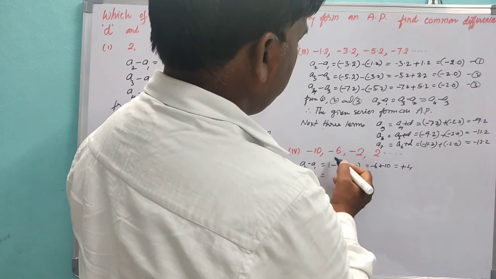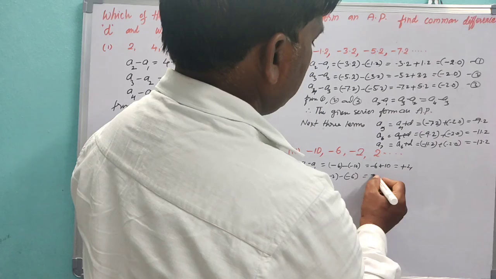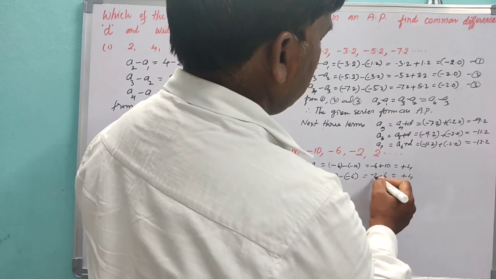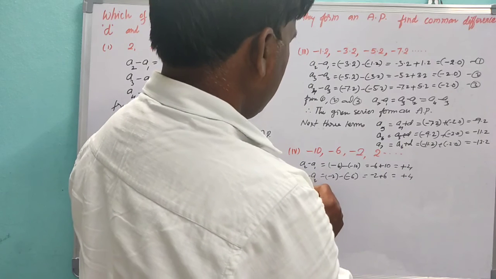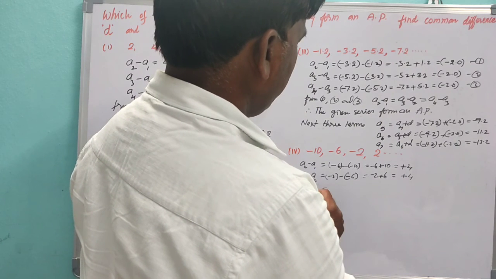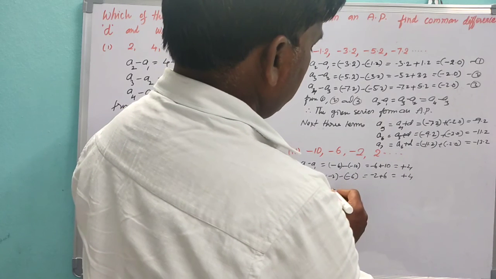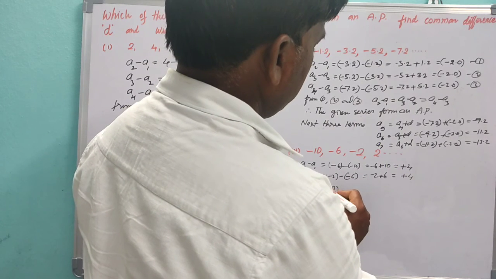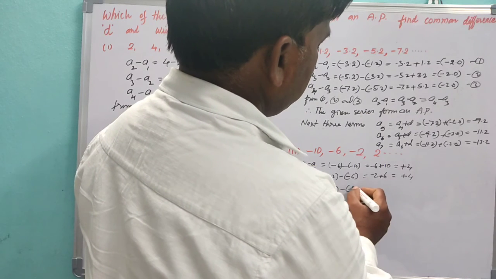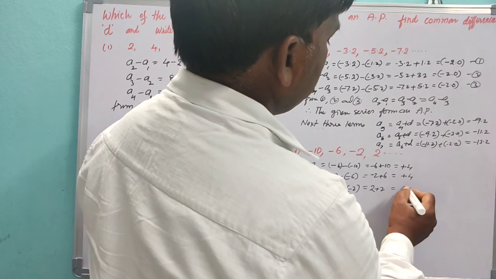So this one minus this one, so minus 2 minus of minus 6 is equal to minus 2 plus 6, which is plus 4. Again a4 minus a3, so the fourth term minus the third term. The fourth term is 2 and the third term is minus 2, so 2 minus of minus 2 is 2 plus 2, which is equal to plus 4.